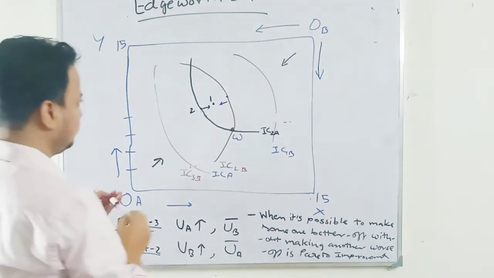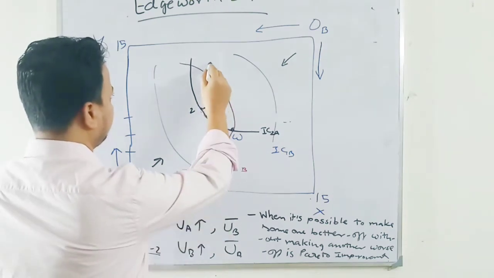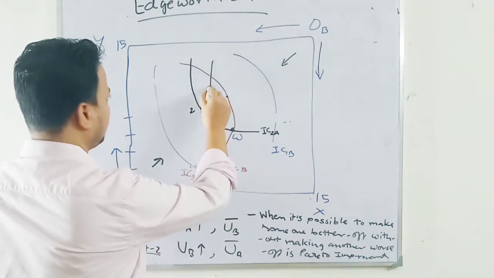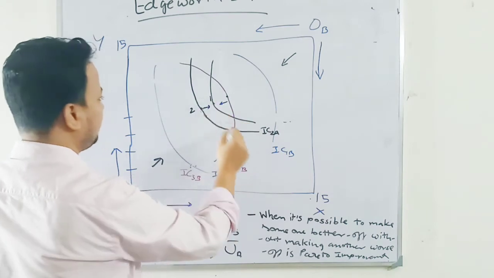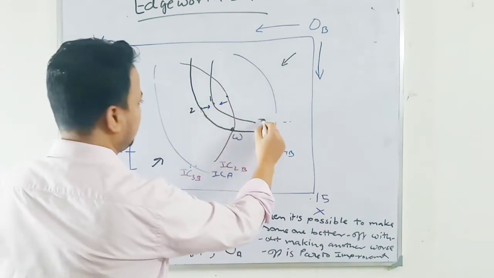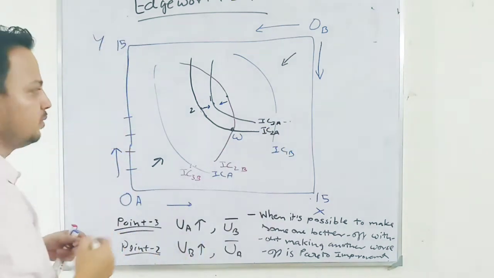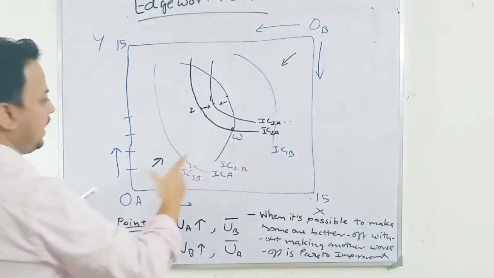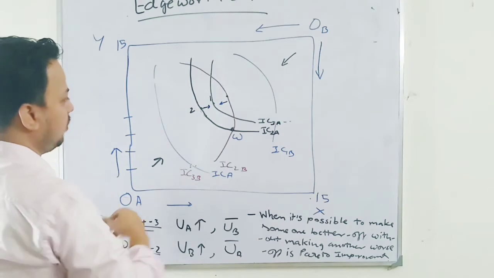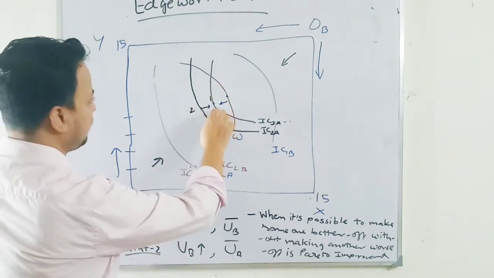Let's look at how. I move consumer A here. You can take any point. I take this one. See? So this is IC 3A. This is point number 1 I am discussing, and I can move the utility of consumer B also because some part of the region is already there.